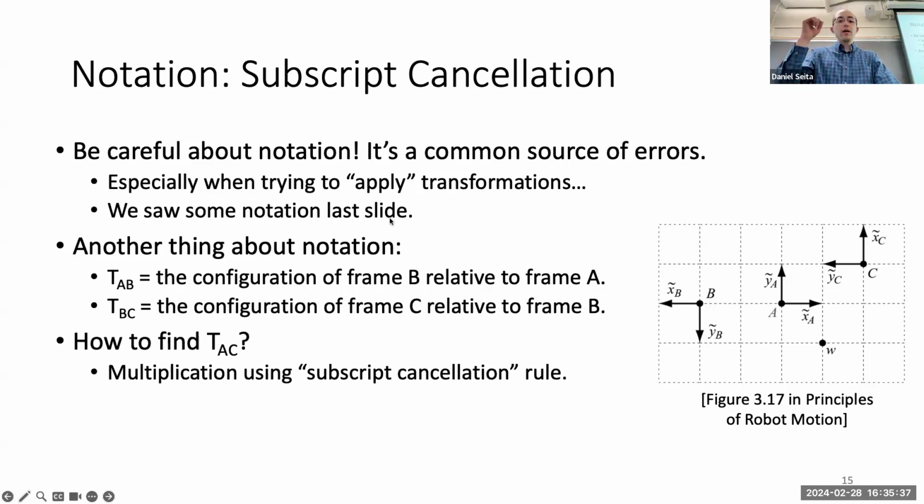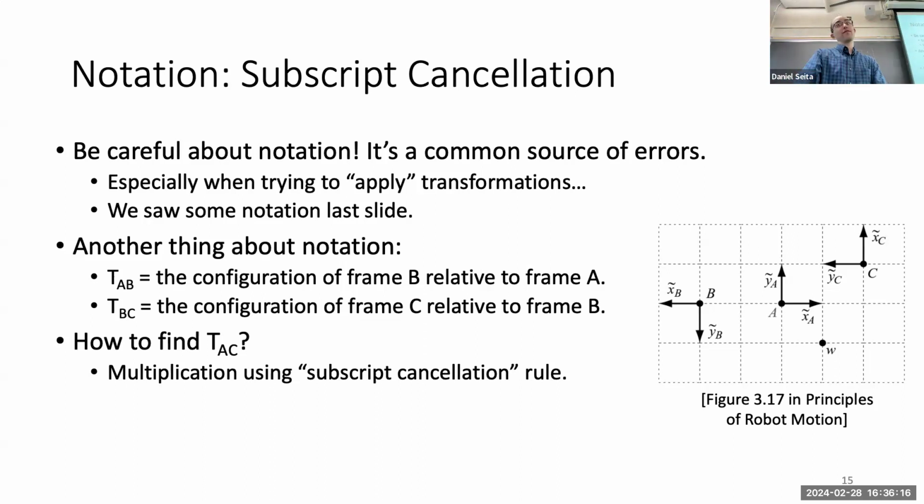So how do you find TAC? What is TAC? It's the configuration of frame C relative to frame A. If you are given TAB and TBC, you can find TAC.